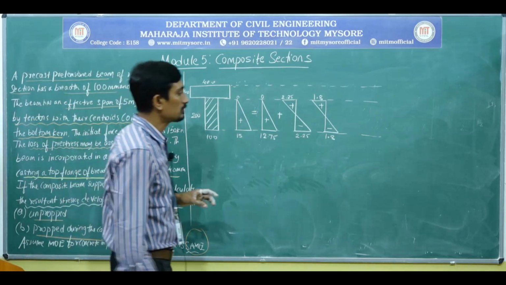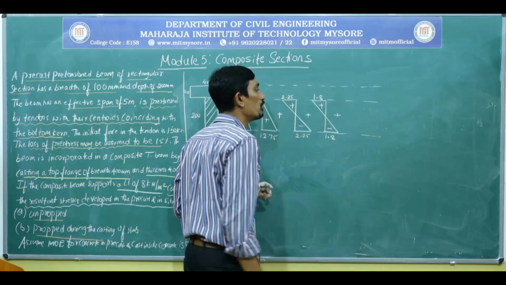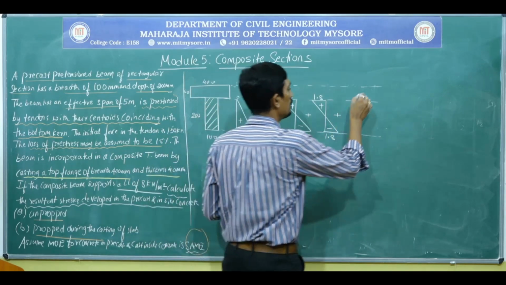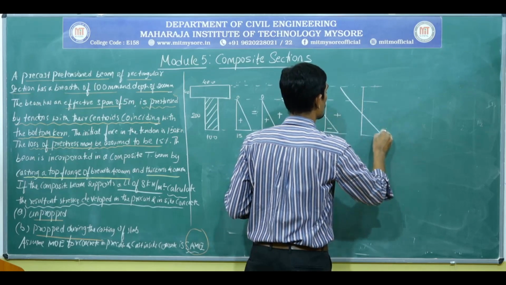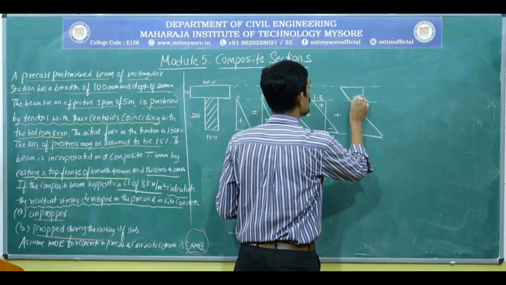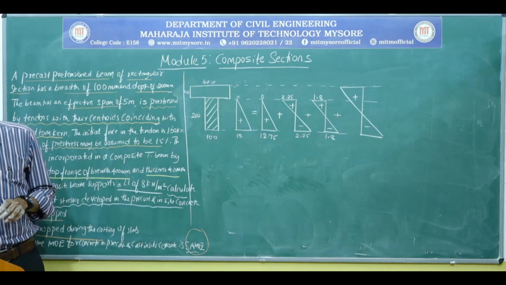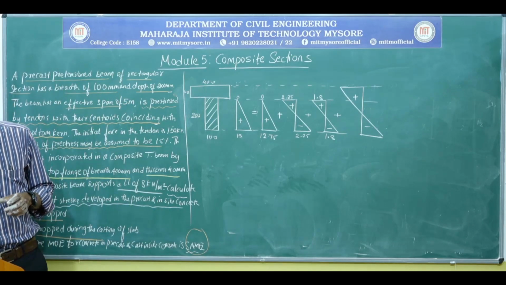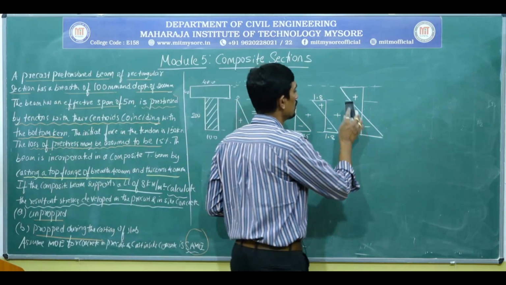Next, the stresses due to the live load on the composite section. So now I need to draw the stress diagram like this. This will be positive and this will be negative. What will be the value? Please change it: 4.45 and 7.85, a small change.